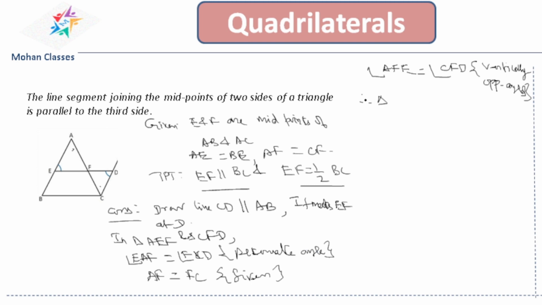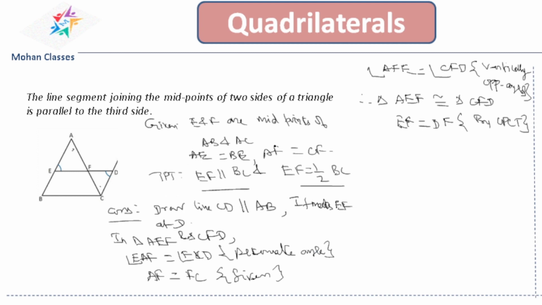Therefore, triangle AEF is congruent to triangle CFD. If these two triangles are congruent, then we can prove that EF is equal to DF by CPCT, and then AE is equal to CD.